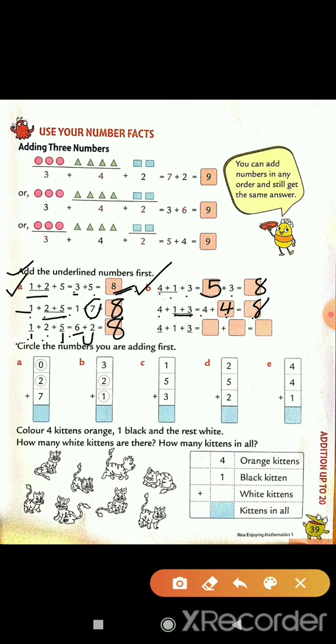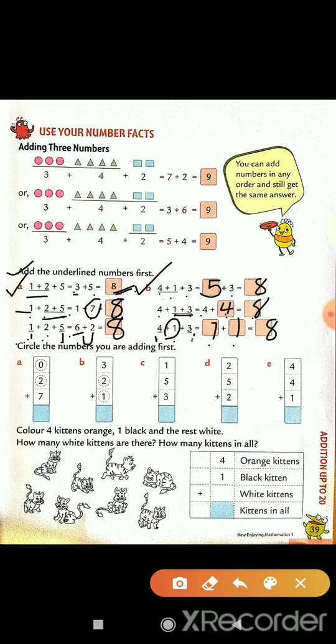Now here 4 plus 1 plus 3. 4 and 3 are underlined. So 4 plus 3 is equals to 7. So write here 7. And one number which is remaining, you will write it here. So 7 plus 1 is equals to 8. So write here 8. Got it, students?